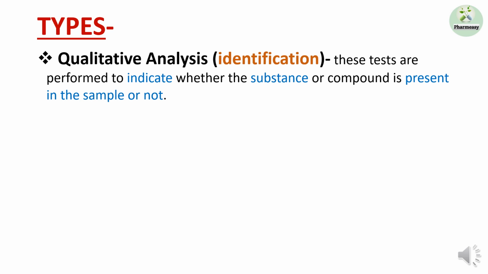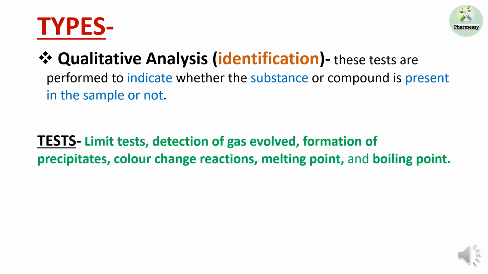Simply, it determines the presence of any particular substance in a drug or sample. Tests such as limit test, detection of gas evolved, formation of precipitates, color change reactions, melting point and boiling point are used to identify the presence of any substance in the sample.